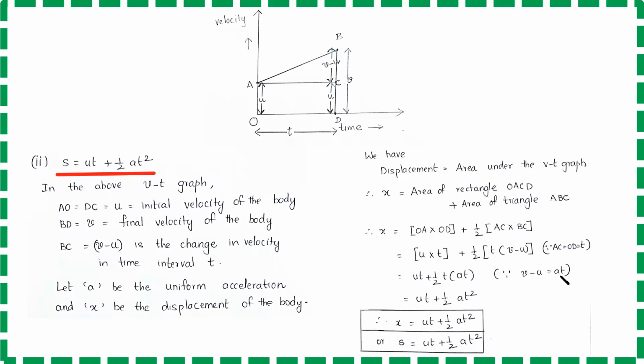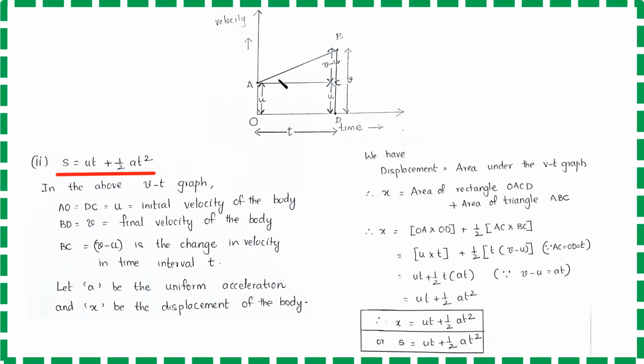But v minus u is equal to at from the previous kinematic equation, v minus u is equal to at. Therefore, in place of v minus u, we will substitute at. Therefore, we will get ut plus half at square.